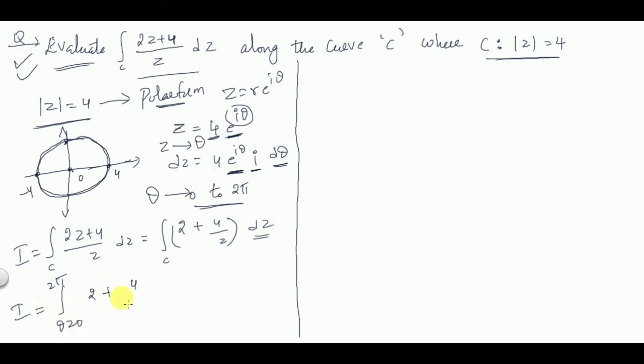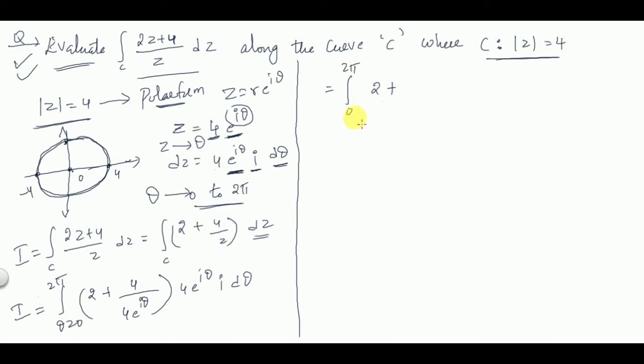2 plus 4 by what is z? z is equal to 4 e^(iθ), and dz is 4 e^(iθ) times i dθ. So this is equal to the integral from 0 to 2π. What will happen?